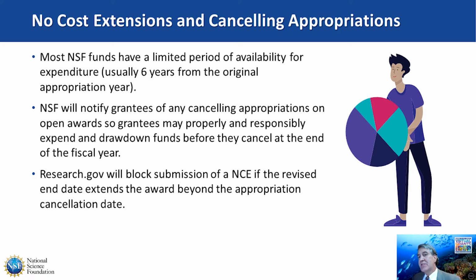So the NSF tries to help you stay on track with expending those funds. If we get to basically the 5th year and you have not expended what we believe to be enough of the funds, and you will have funds that will cancel and be taken away from you, we will send an email to the SRO to let them know that these funds are scheduled to cancel at the end of that fiscal year.